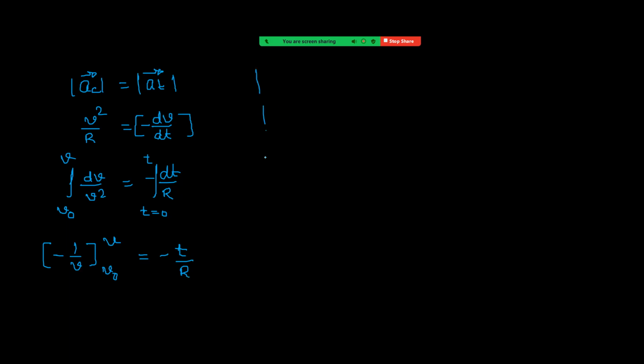So it is just writing the given condition, nothing else. I think we can cancel the minus, right? If you cancel the minus and take limits, 1 by v minus 1 by v naught equals t by r. So from this, 1 by v equals 1 by v naught plus t by r.